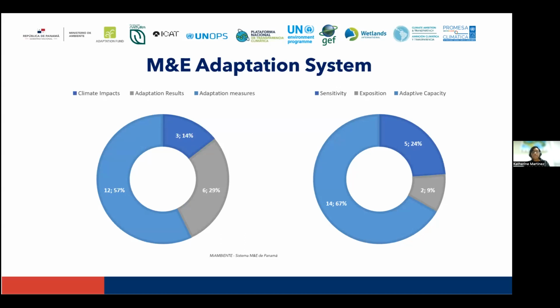On the other hand, 14 indicators of the 21 can represent adaptive capacity, 5 of the indicators represent sensitivity, and 2 exposure.